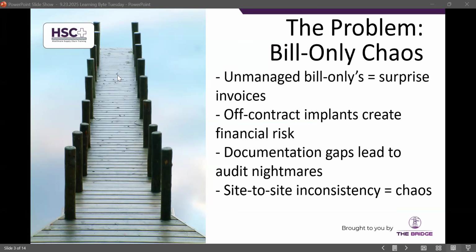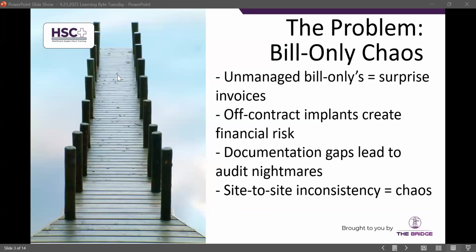That is where supply chain not having their hands on the process makes things chaotic, especially if we haven't set up standard work processes and a lean operating system for that standard work. Unmanaged bill onlys equal surprise invoices that come in through accounts payable, and of course they get funneled to supply chain and we may not know about it. If we don't have our hands on the bill only process from a supply chain standpoint, that's where things get really chaotic.